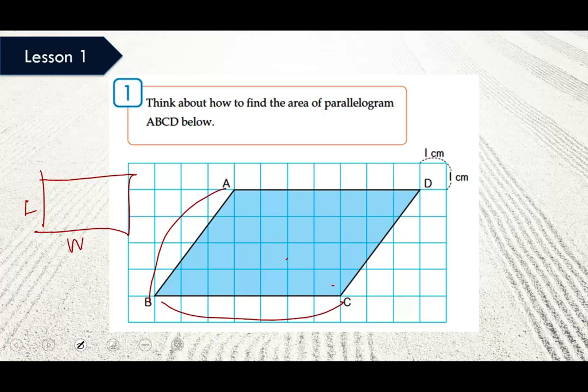So maybe multiply this and this. And this particular diagram does not give the measurement. However, we want students to have the actual size so that they can count 1, 2, 3, 4, 5, 6, 7 centimeter.